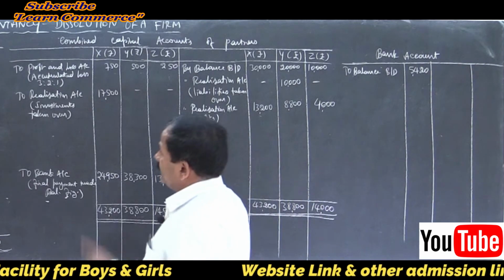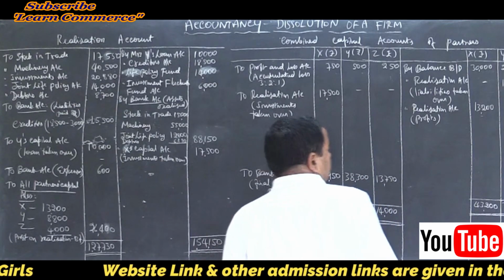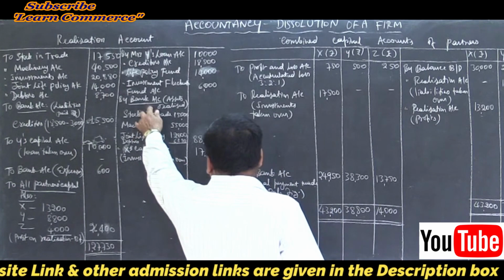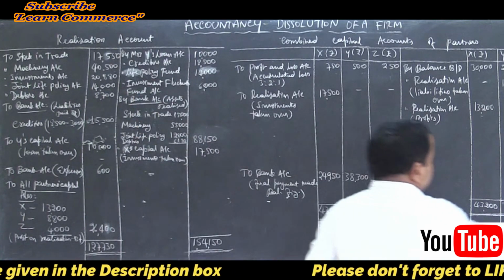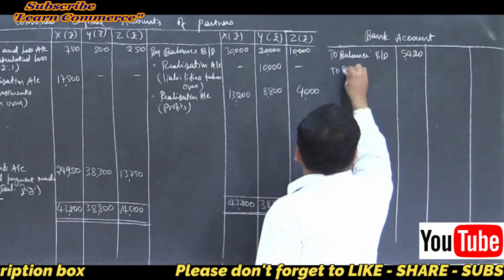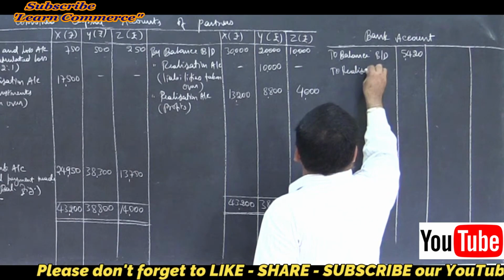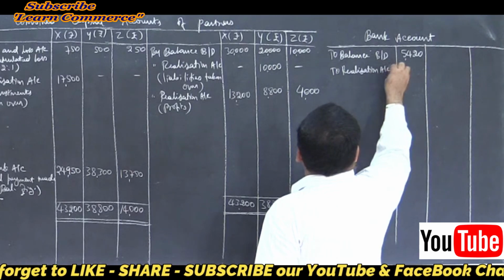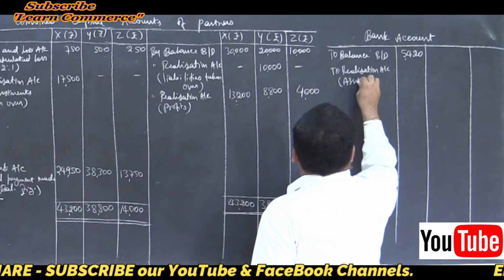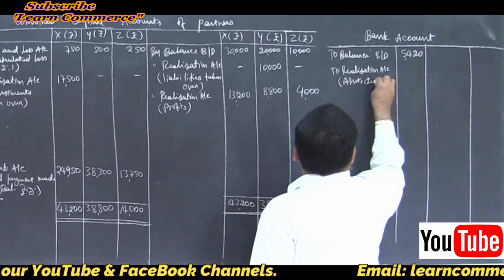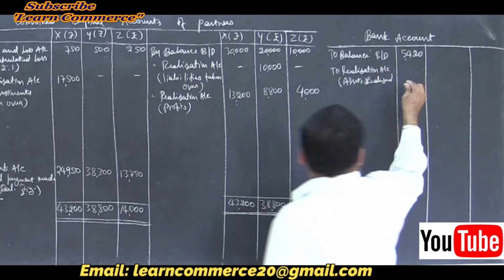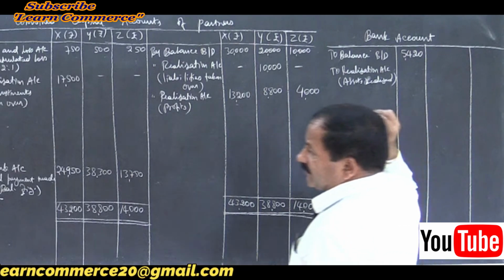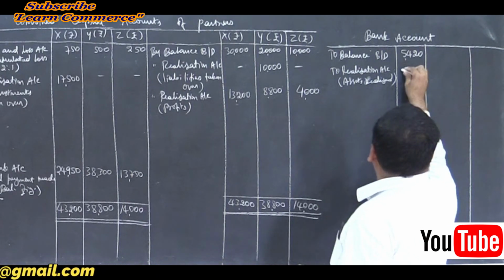Refer capital accounts and realization account and pass the entries. There is a sale of assets, assets realized, bank account to realization account. Write the total amount, 88,150.